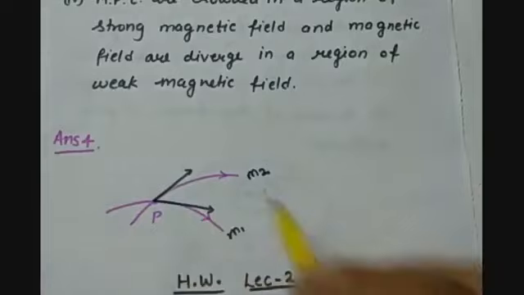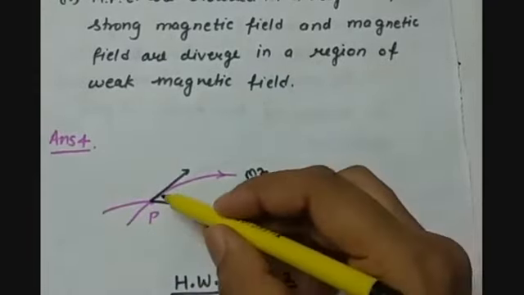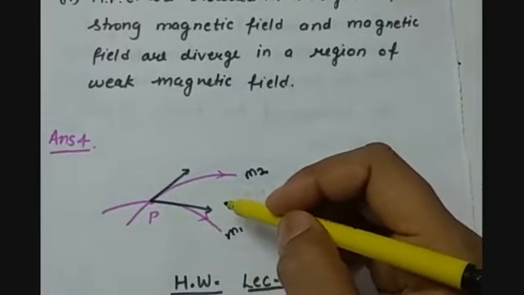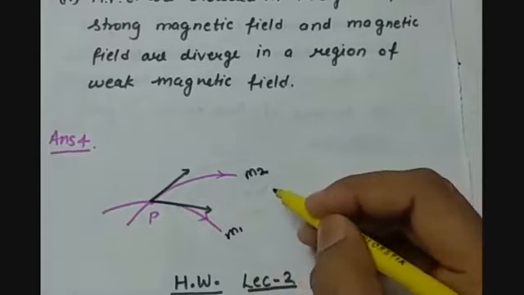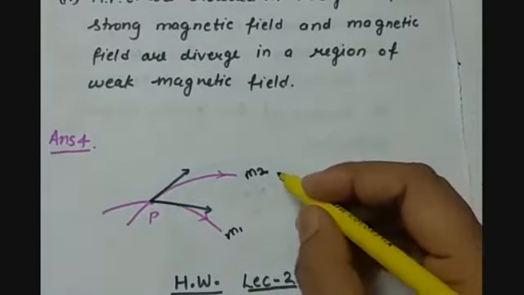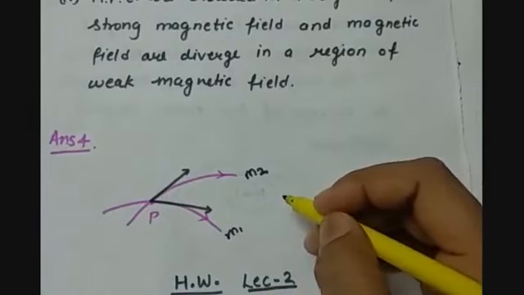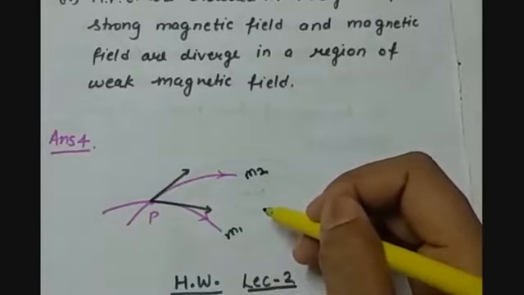But if two lines cut each other and we draw a tangent on both of them at the point, then it provides us two directions of magnetic field. For the same point, for the same magnetic field, we cannot have two lines of magnetic force. So that is why it is said that magnetic field lines never intersect each other.